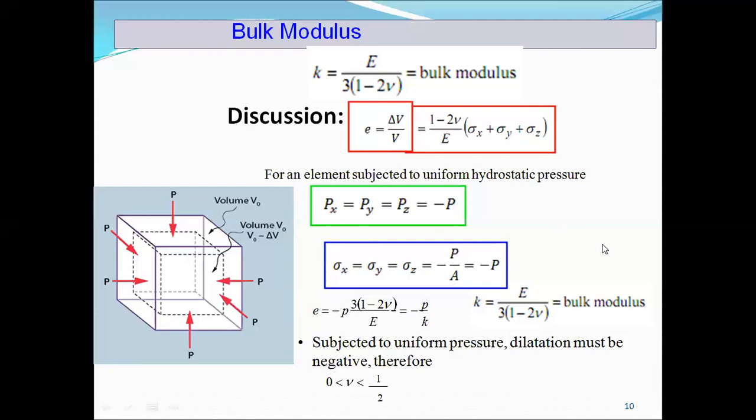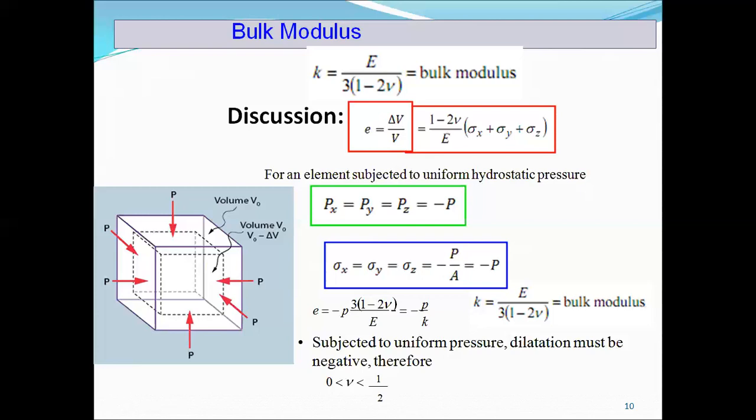Similarly, if mu is 0, what does that mean? If mu is 0, it means that there is no strain. But we are considering that we are applying the load of stress. There is deformation in the material, strain is happening.